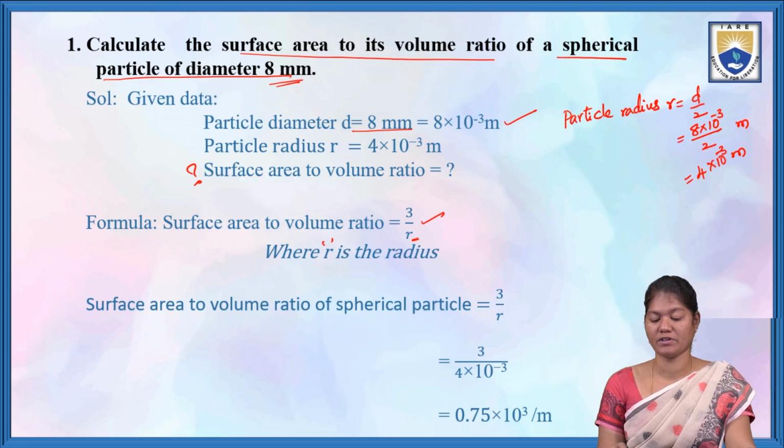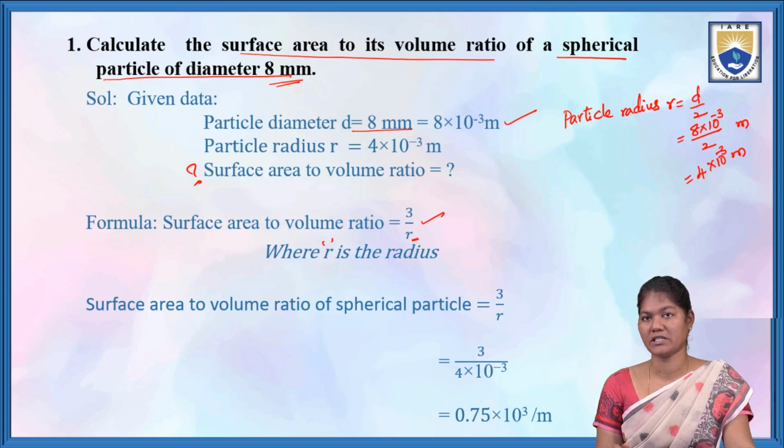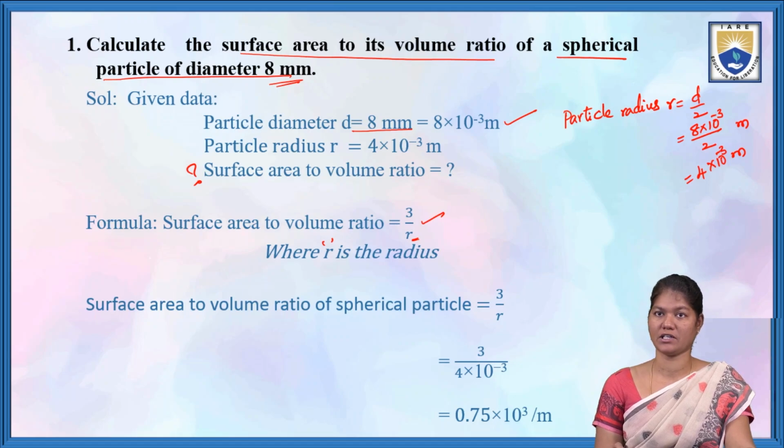Taking a spherical particle, the surface area divided by the volume of the spherical particle is 4 pi r square divided by 4 by 3 pi r cube.